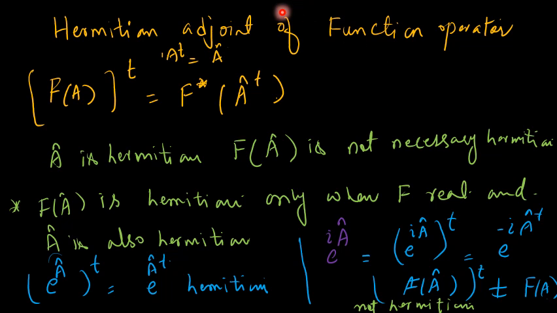Okay. Now let's consider that A is a Hermitian operator and the function can be expanded in the form of a Taylor series. Okay, f of A we can Taylor expand as the summation n equals 0 to infinity of a_n, which is the expansion coefficient, times operator A power n.